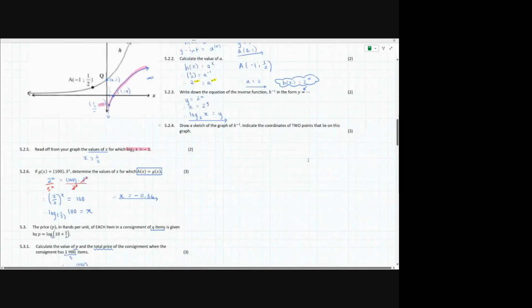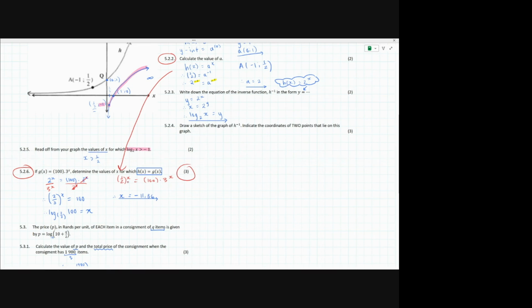Let's say, for example, here, in 5.2.2, you had to work out the value of A. Now, let's say you messed that up and you got a half, for example. When you now have to use that equation here in 5.2.6, and you had then said a half x is equal to 100 times 3 to the power x, I will give you 4 marks if you have correctly used the appropriate methodology, but with the incorrect value.